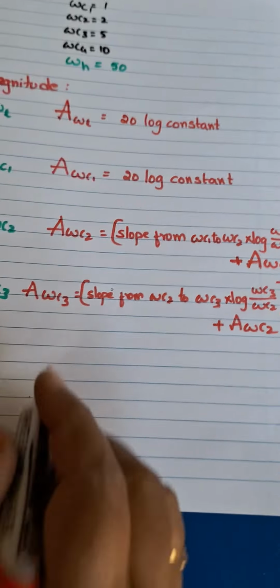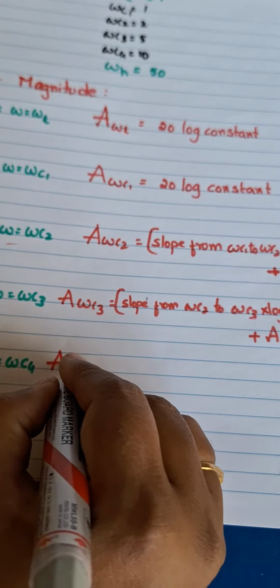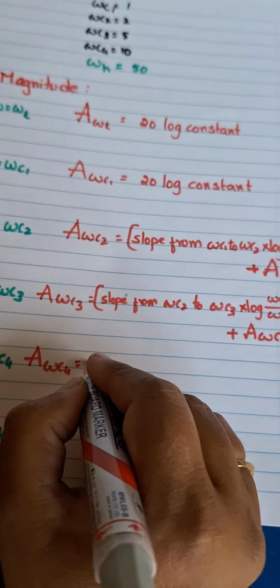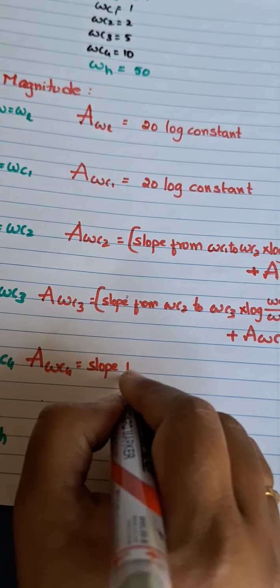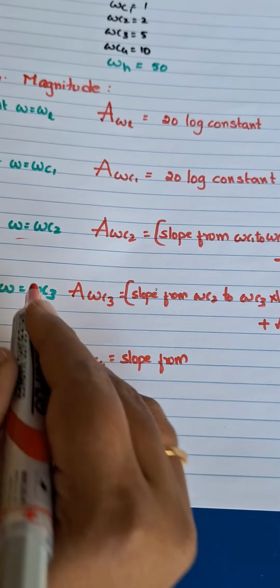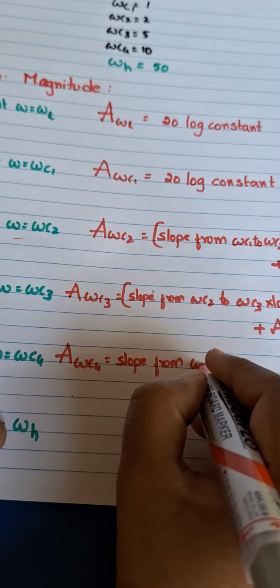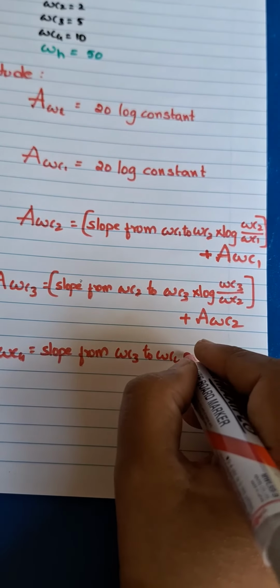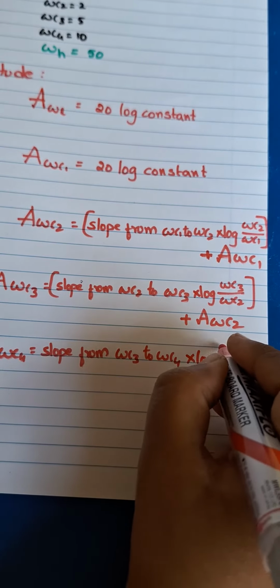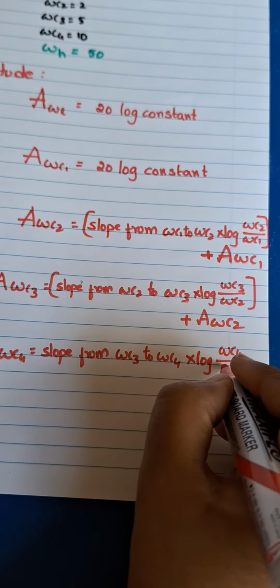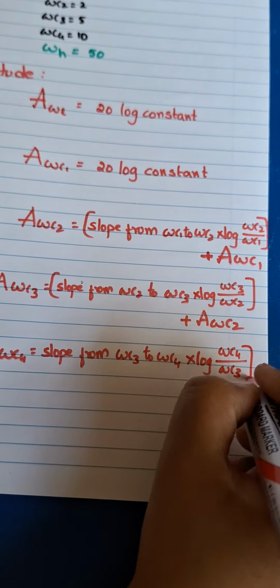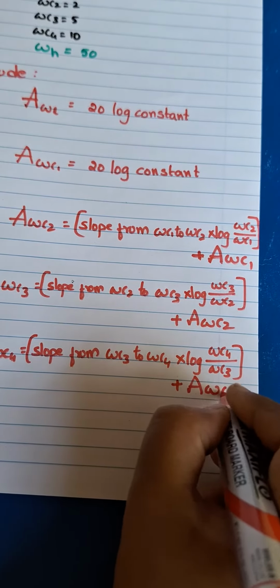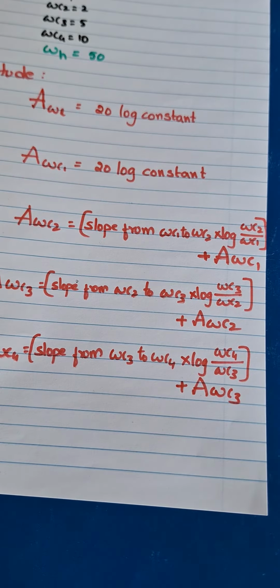At omega C4, again slope from omega C3 to omega C4 into log of omega C4 by omega C3, highest by lowest, plus previous magnitude. Previous magnitude is omega C3.